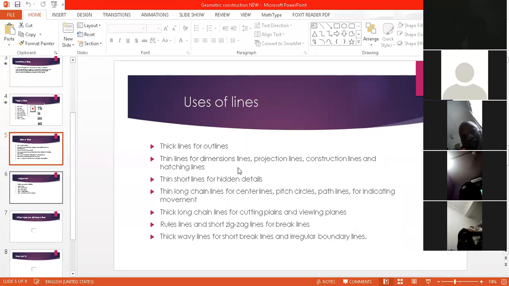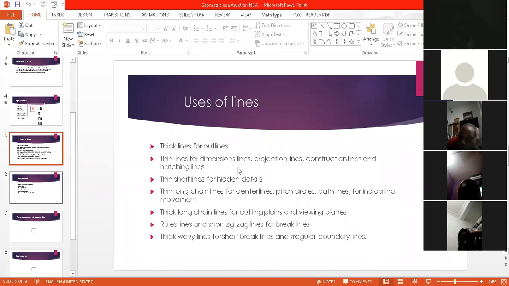Fatima Akali, which one is the last one you don't understand? The last type of lines. Which one is that? Thick wavy line. Thick wavy line is used for short break line and irregular boundary.